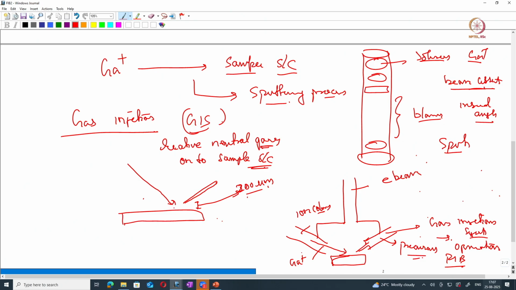Correct. This gas injection system induces reactive neutral gases onto the sample surface, and these neutral gases can do etching or preferential etching, or also it can be used for metal deposition.